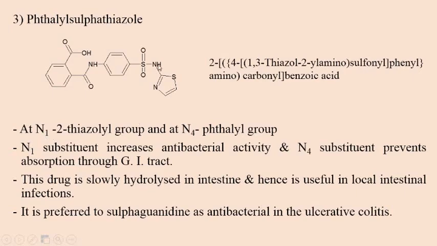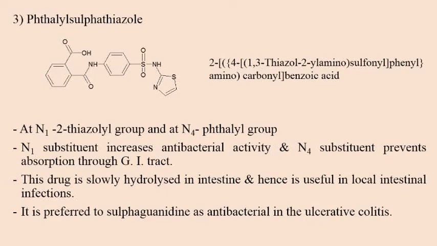This is thiazole, so thiazolyl group. And at N4 we have a phthalyl group. This is phthalyl, a derivative of phthalic acid. It's a phthalic acid, but after reaction with this drug there is loss of a water molecule. So the hydroxyl group is lost from this carboxylic acid group. So it is called phthalyl.